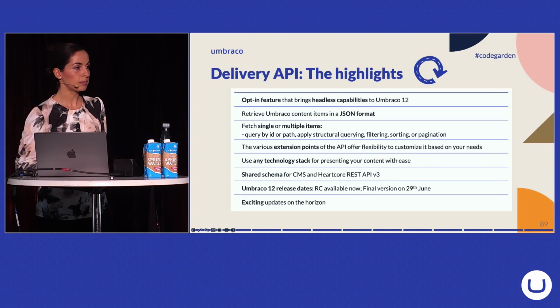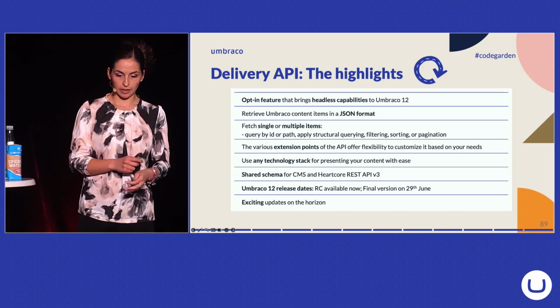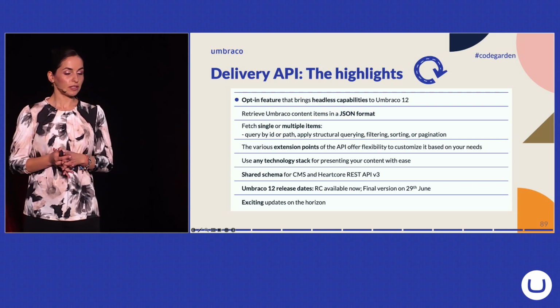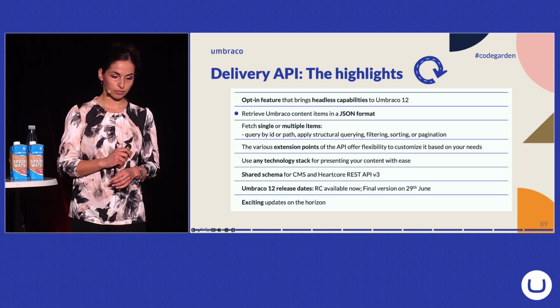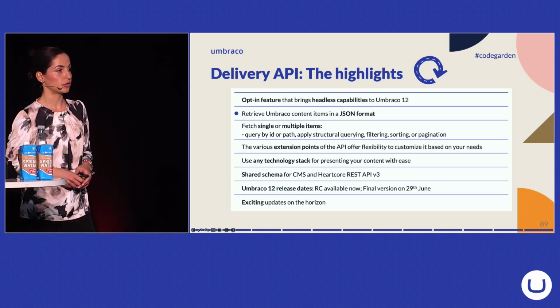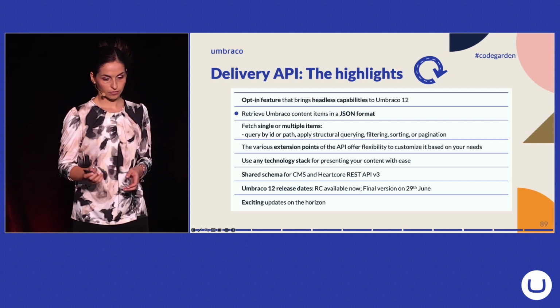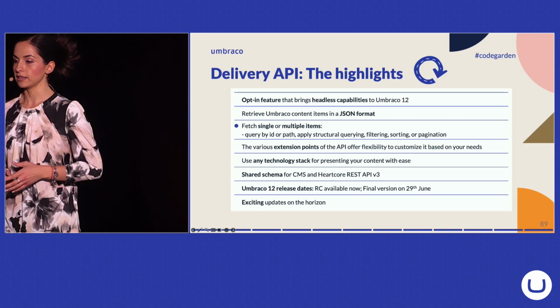And before we wrap up, let's take a moment to summarize the main key points from the Content Delivery API. We've discussed that it is an opt-in feature that brings headless capabilities to Umbraco 12. With it, you'll be able to retrieve your content items in a JSON format. You'll be able to fetch single or multiple items applying different parameters.